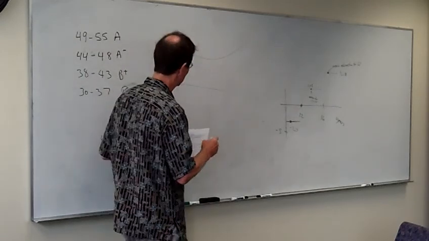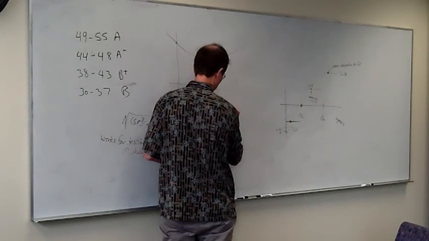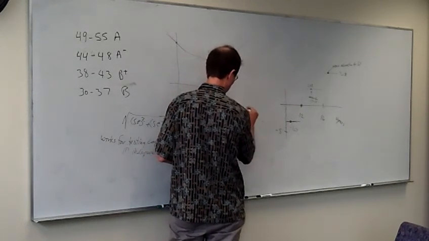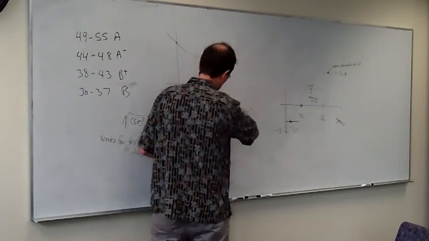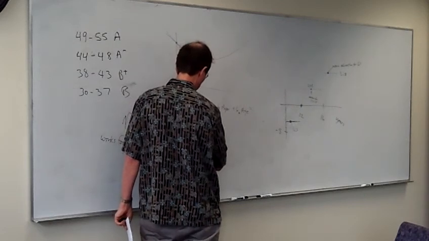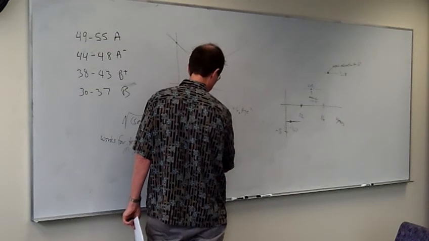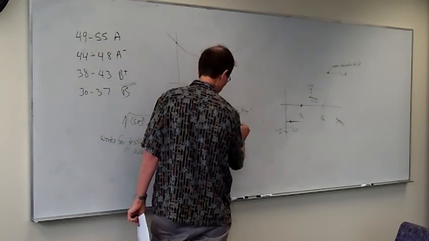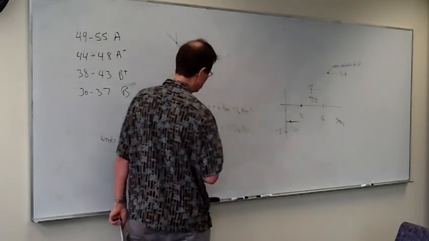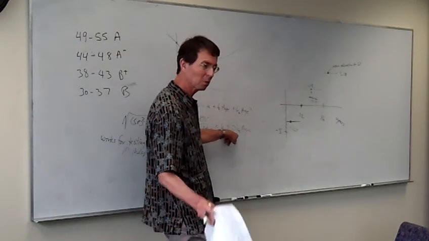Remember we talked about if task value is a function of a constant plus age plus age squared, the slope, which is the derivative of task value with respect to age, is just b1 plus 2b2 age. That's the formula for the slope, which is what we want here.